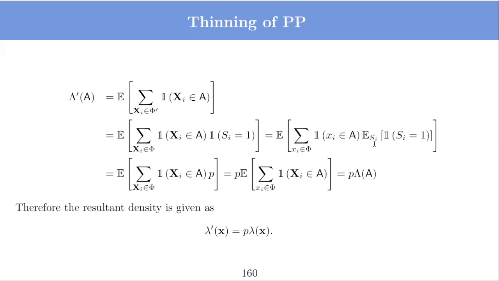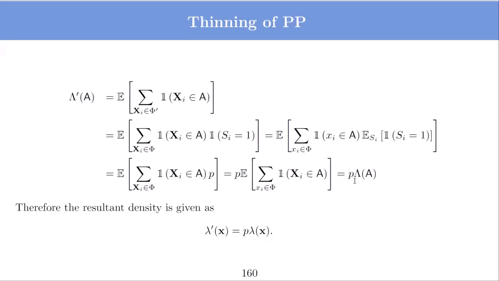So this becomes the expectation of the indicator that S_i equals 1, which is nothing but the probability that S_i equals 1, which is p. Because p is constant, I can take it outside. So this becomes p times the expectation of the summation over all points of the indicator that xi belongs to A, and this is nothing but capital lambda(A). So this is p times capital lambda(A).